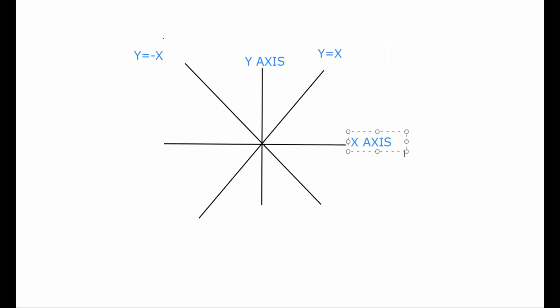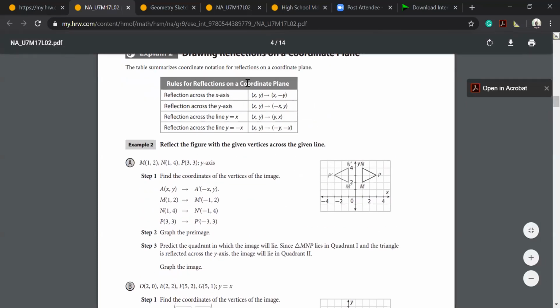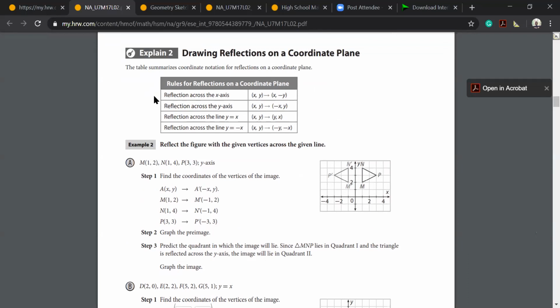Understood? For the rules that you have inside your book, it's very, very important for you to know them by heart. I'm not saying to memorize them, just know them by heart. And I will tell you a trick to understand it. When you are reflecting across the x-axis, you leave the points as they are, and just to represent reflection, you remember transformation, when we were reflecting, we always said you have to add a negative sign.